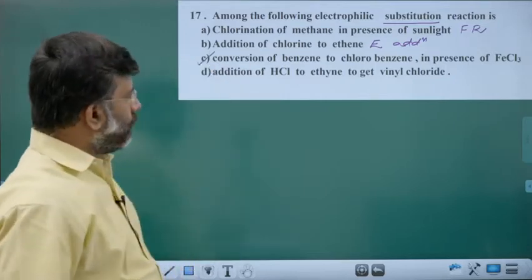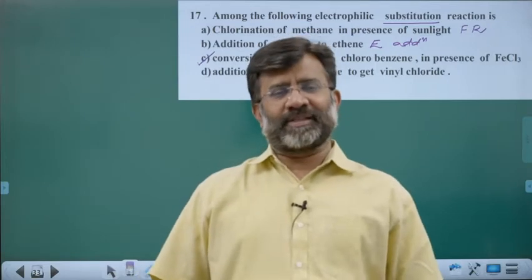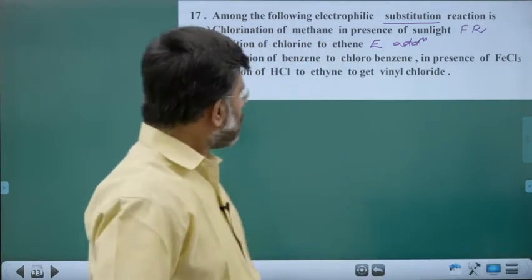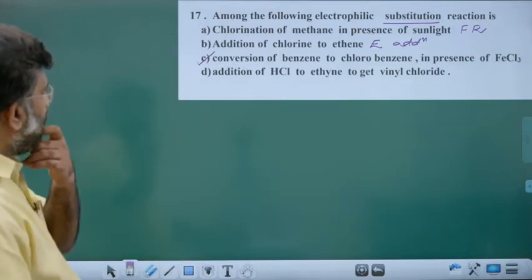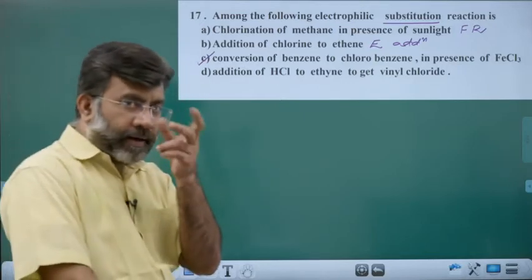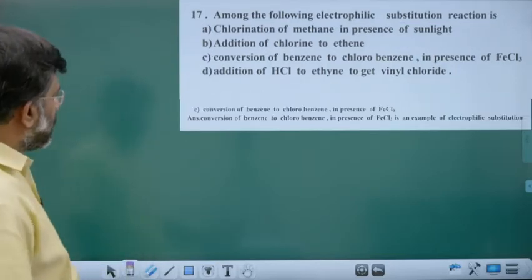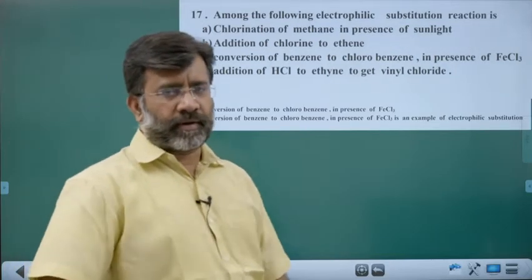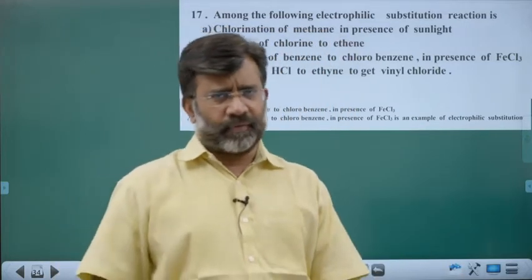Benzene to chlorobenzene with FeCl3, that is the electrophilic substitution reaction. The last one is also an addition reaction, electrophilic addition. So option C is the correct answer. Benzene converted to chlorobenzene, that is ESR. The very famous reaction all of you learned.